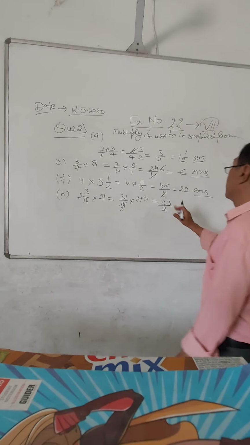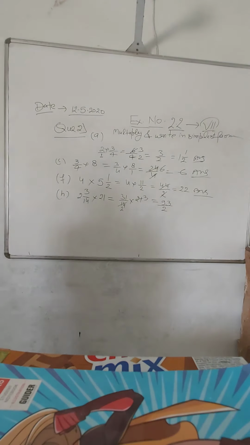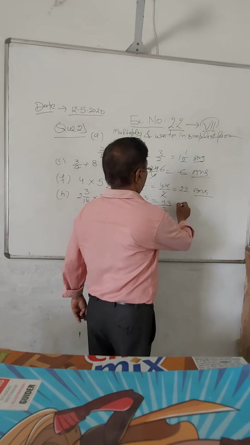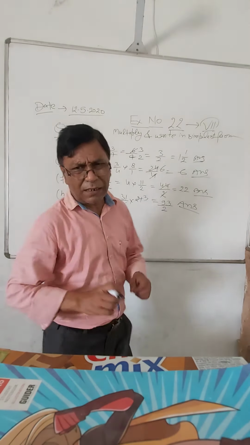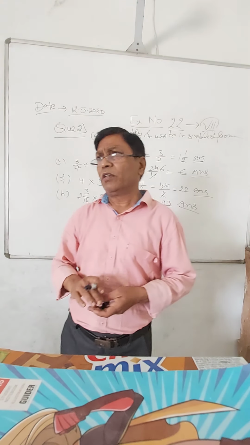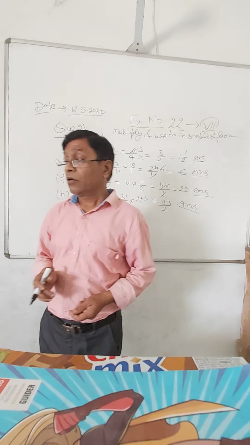So this becomes 93 upon 2. So this way, this question is also over. 93 upon 2 is the answer. Some more problems are given in the same pattern, so do them yourself. Now we will move to question number 3.